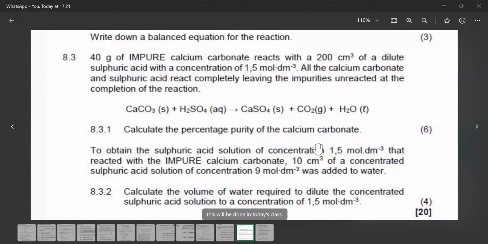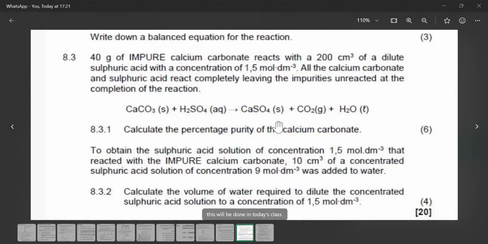In order to end up with a concentration of 1.5, we had to take a concentration of 9 mole per cubic decimeter, which was originally in a volume of 10 cubic centimeters, and we added water. In other words, we diluted. Do you see that? We dealt with a dilution problem once. This is another dilution problem.